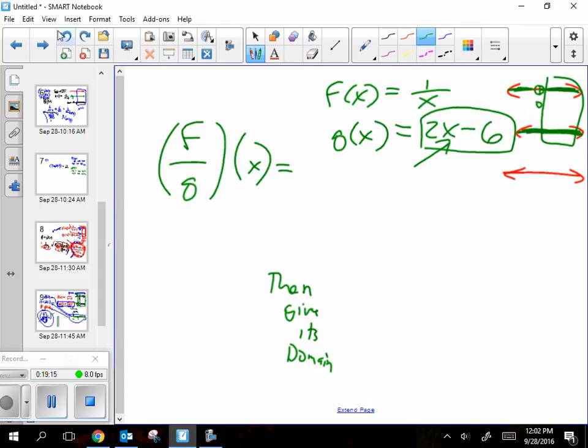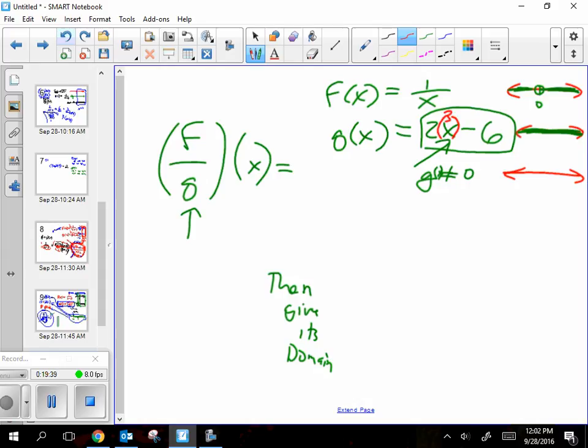So I need to add in this third number line, which is, can you make g be 0? G, we do not want, g of x, we do not want it to be 0. Is there a way to make g of x 0? Yeah. And again, it's not x equaling 0, it's x equaling what? 3.